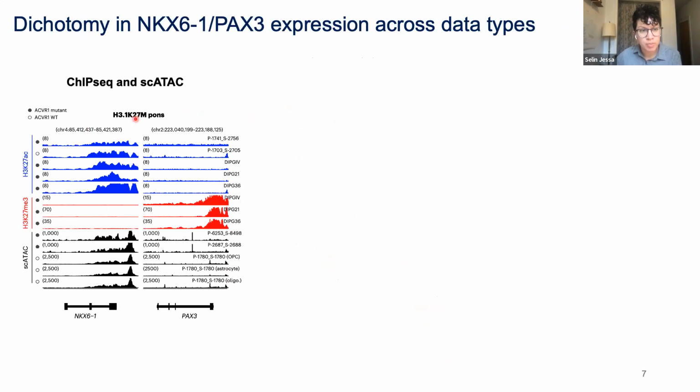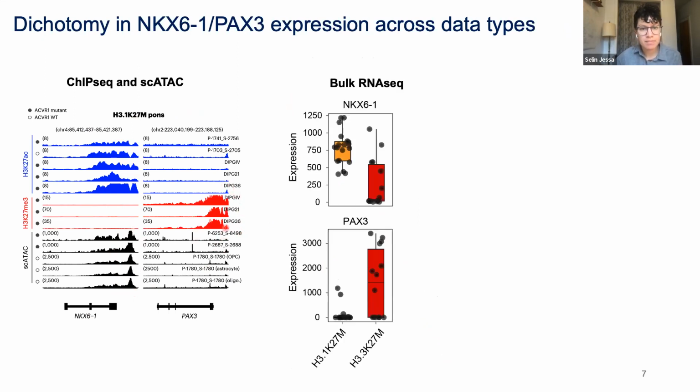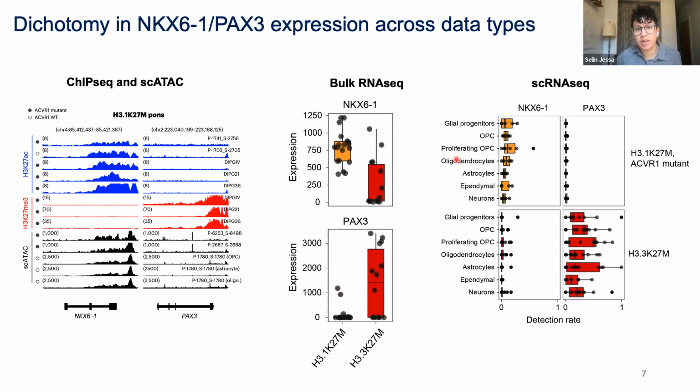In H3.1 tumors based on ChIP-seq, these samples had K27 acetylation at the NKX6-1 promoter, as well as chromatin accessibility. They also had K27 trimethylation at the PAX3 promoter. By bulk RNA-seq, we could see that H3.1 tumors always activated NKX6.1 and rarely PAX3, whereas the H3.3 tumors were a little bit more variable. By single cell RNA-seq, we could really zoom in on the different cell type populations we see among malignant cells, and in that case, the expression patterns were pretty much binary.